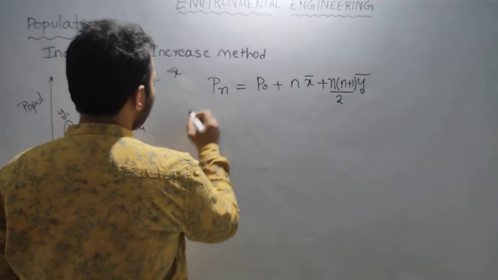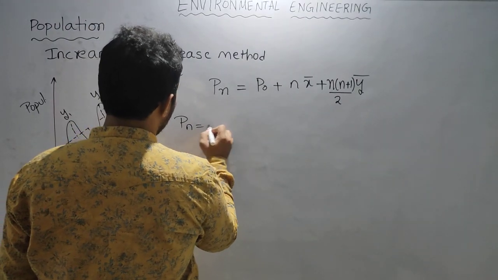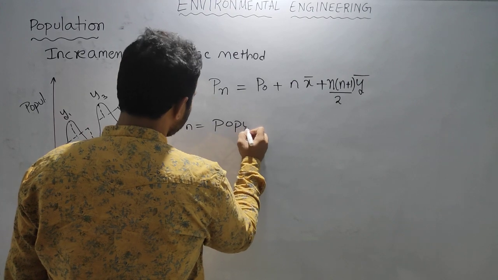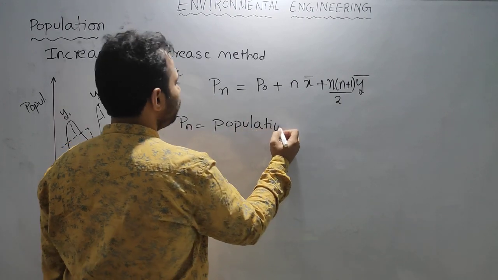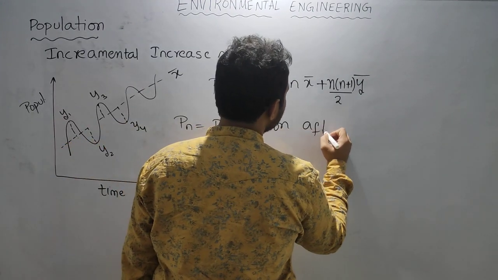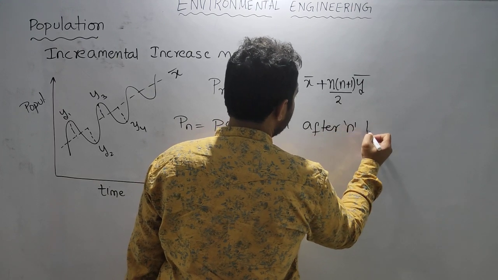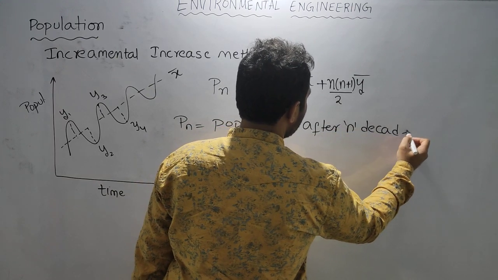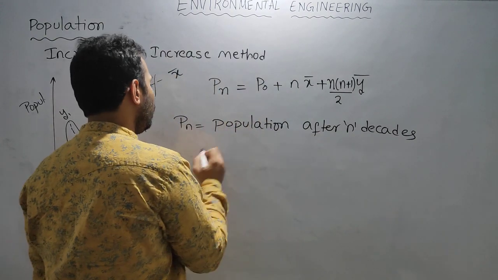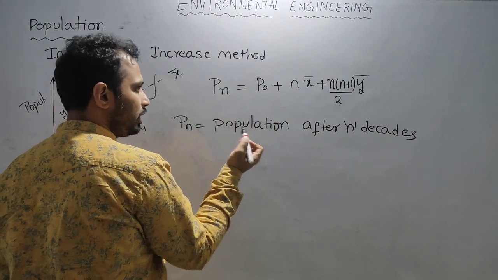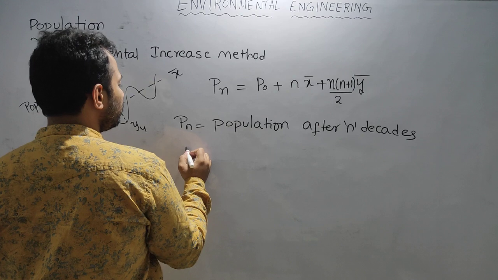Pn is population after n decades, and this X bar we already know, we have already calculated X bar.